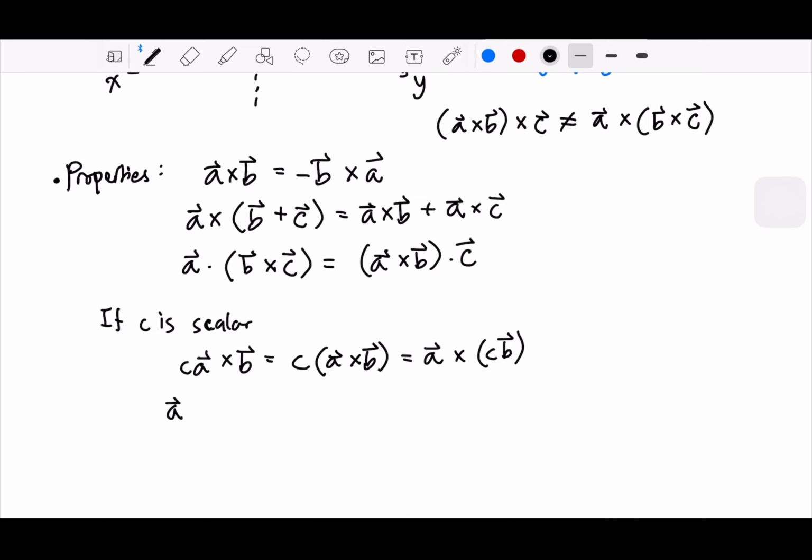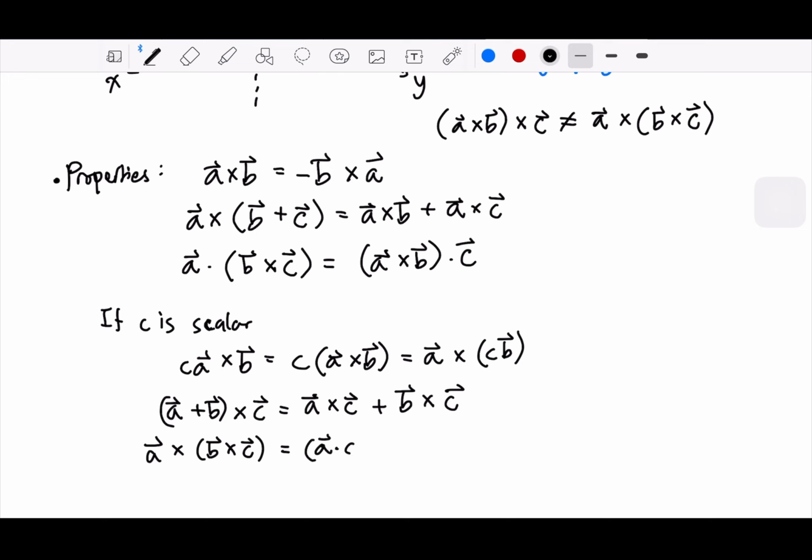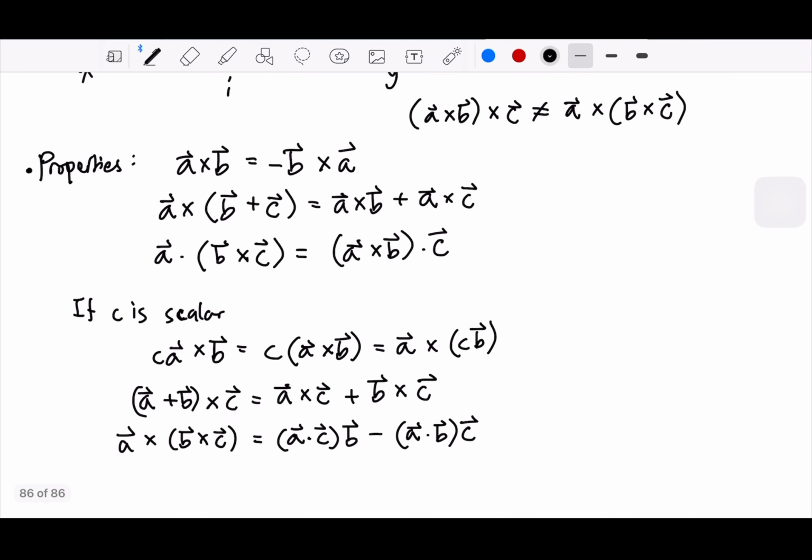And then (A plus B) cross C equals A cross C plus B cross C. And then A cross (B cross C) will be (A dot C) B minus (A dot B) C. This is, I think, based on the previous one when we found the cross product.